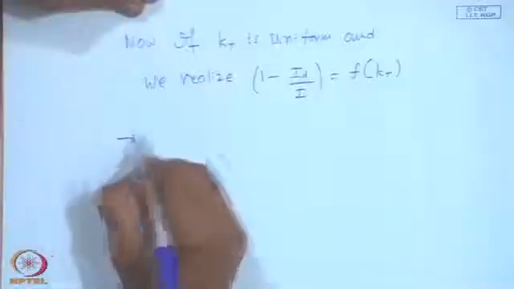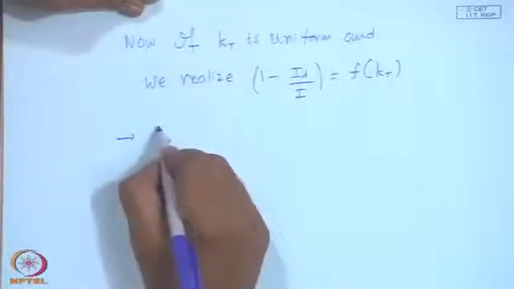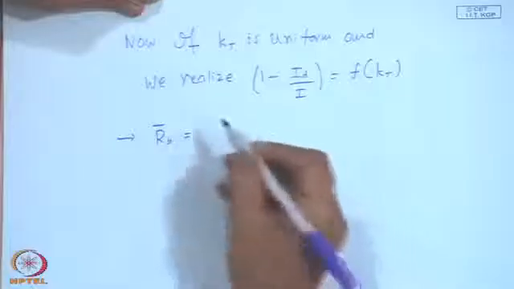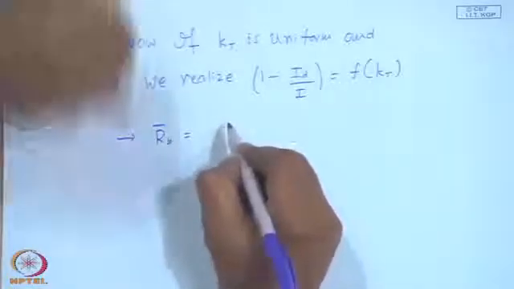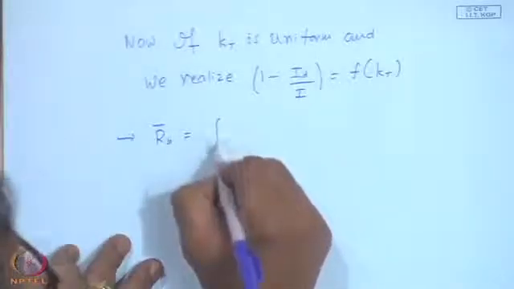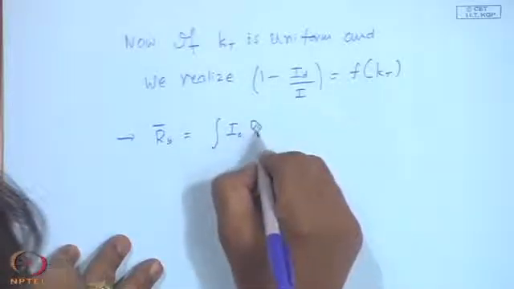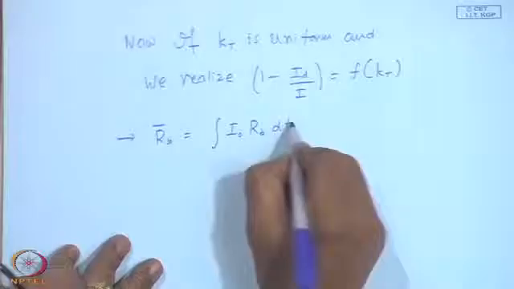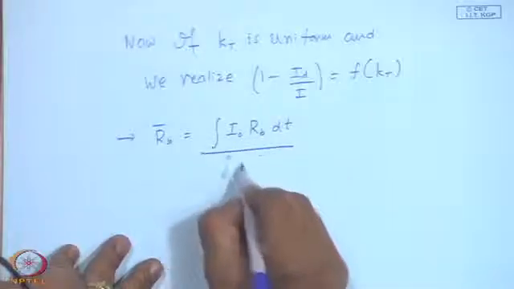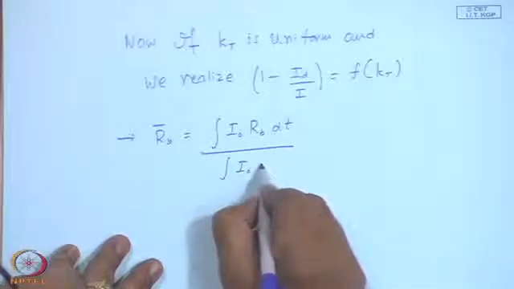If that is so, my R b bar will be simply integral of I 0 R b d t by integral of I 0 d t.